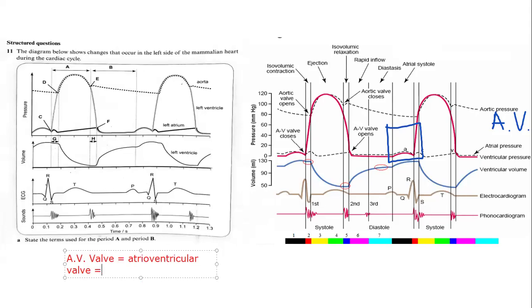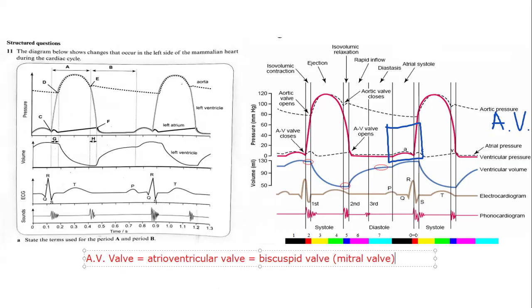And that is, on the left-hand side, the bicuspid valve, or we say that's the mitral valve. All right? That makes sense to y'all? Let me know if y'all get it. Okay, good stuff.